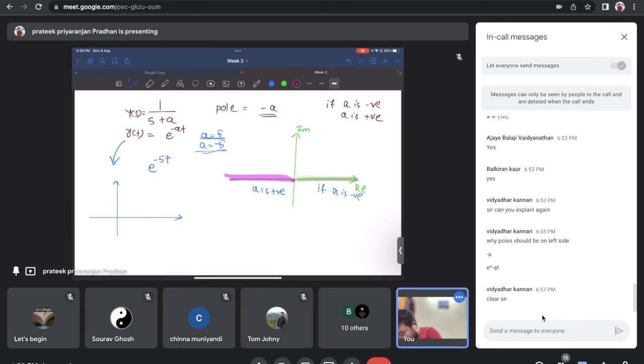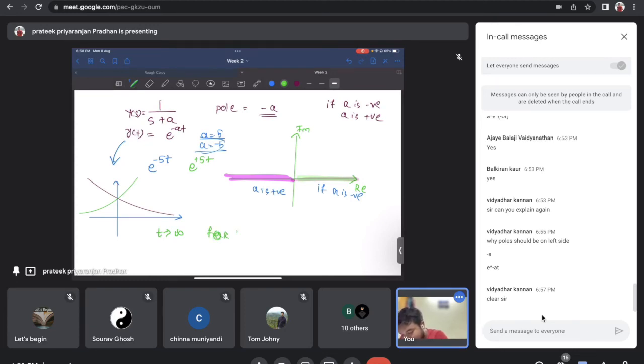So you can plot it as this exponential curve, simple. But if a is negative, it will be e to the power plus 5t, then the plot will be this kind of.